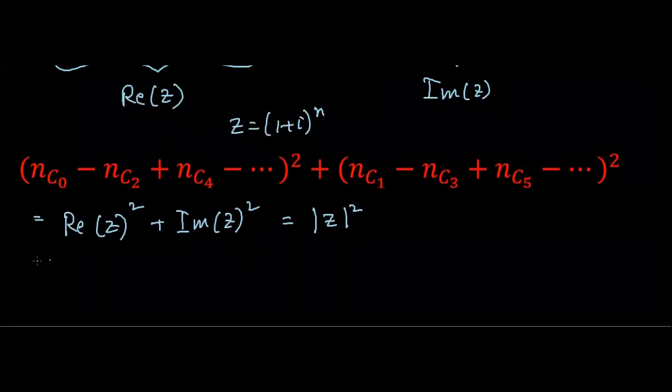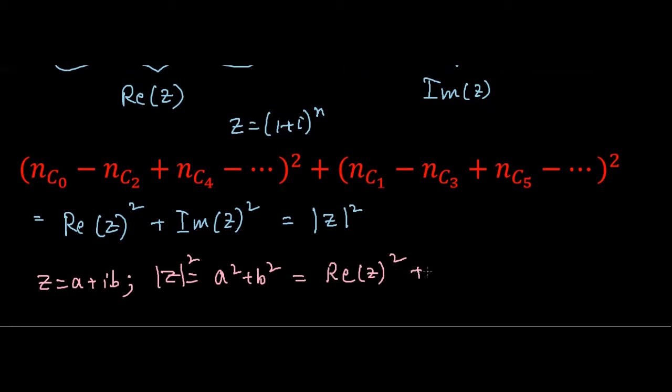Because if we have z equals a plus ib, then we know that mod z squared is equal to a squared plus b squared, where a is the real part of z and b is the imaginary part of z.